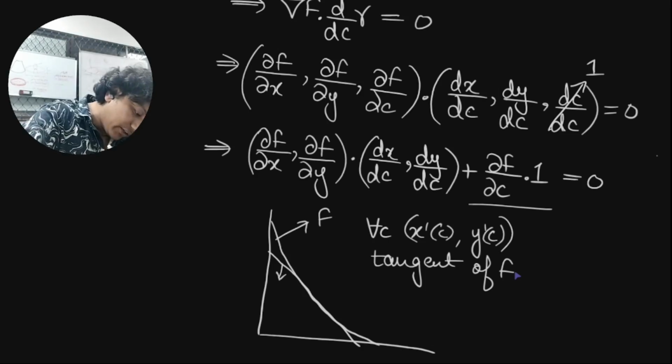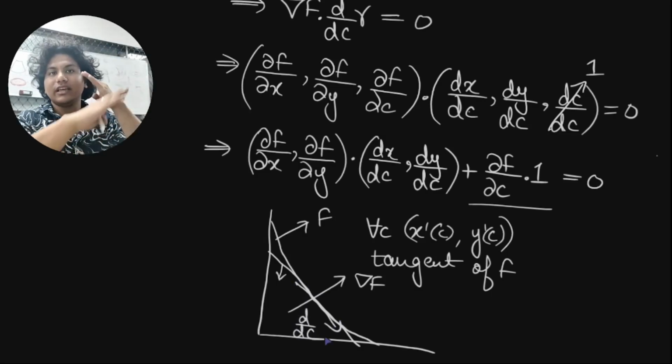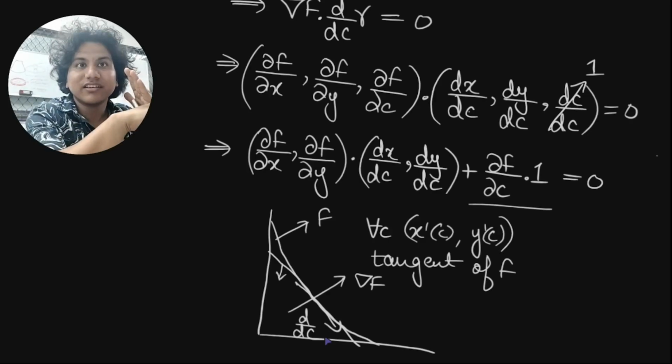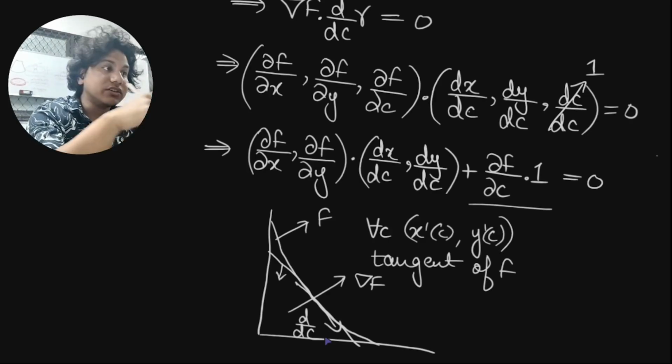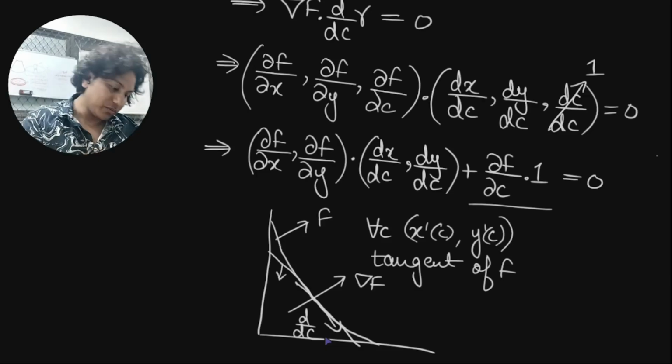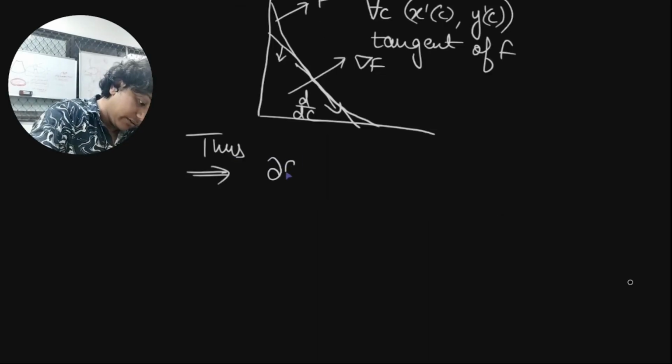So the gradient of f is in this direction and the derivative in this direction. So they are perpendicular to each other. And because they're perpendicular to each other, their dot product also turns out to be 0. Thus, ∂f/∂c by itself is 0.